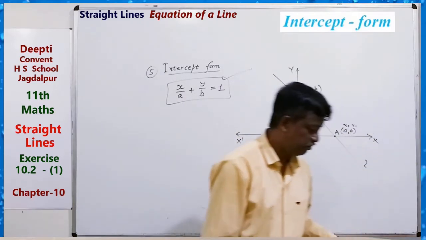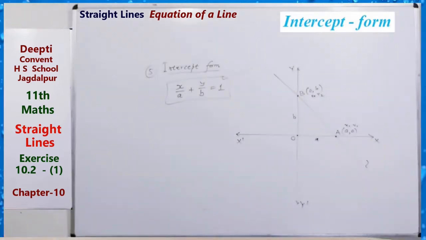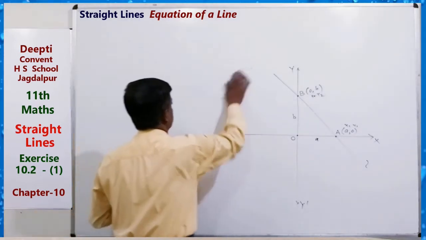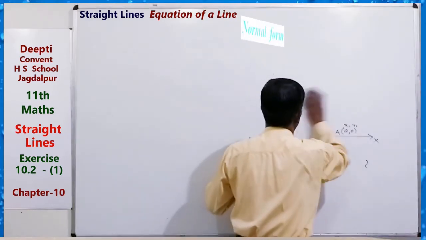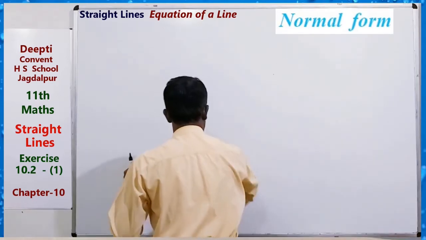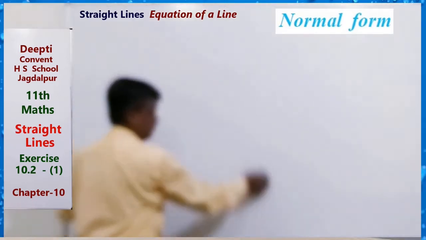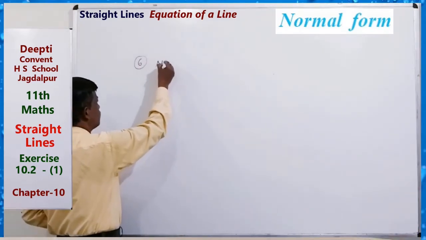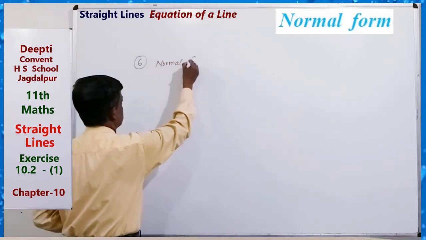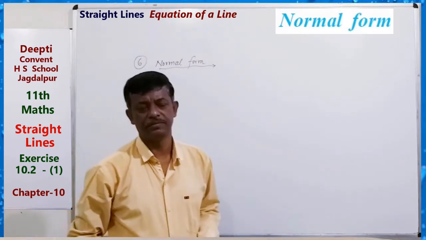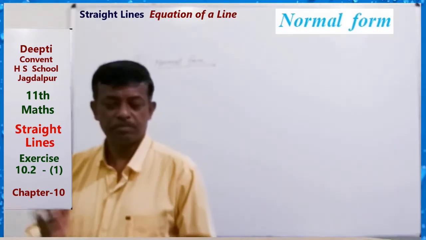Now, next form is normal form. 6. Normal form. Generally we know that normal means perpendicular.